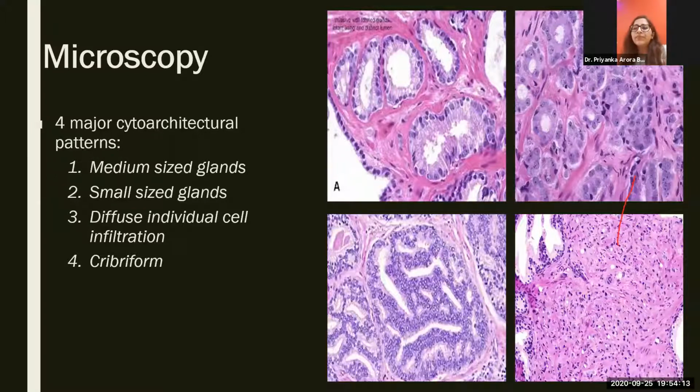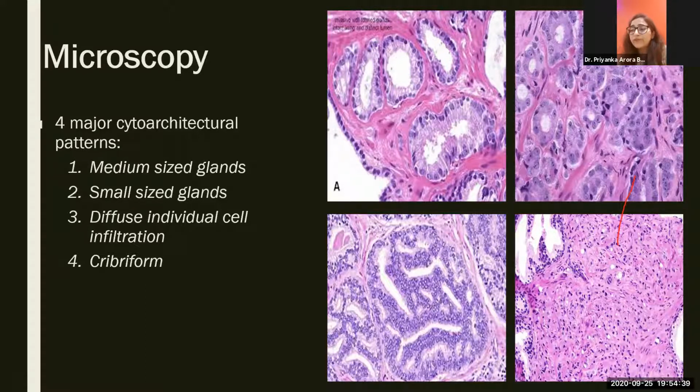Now, this is for your knowledge, but whenever we are doing a prostatic adenocarcinoma, the moment you see that this is adenocarcinoma, the next question that comes to mind is, what is the Gleason score? Prostate carcinoma and Gleason score go hand in hand.